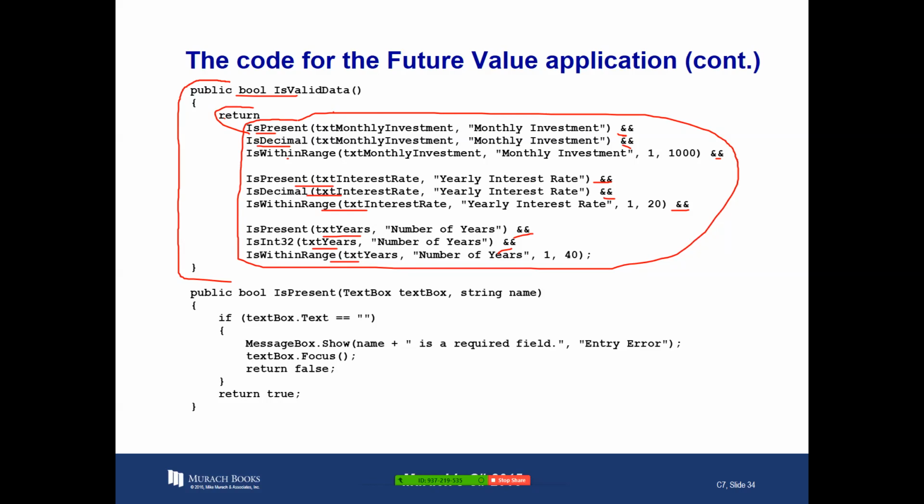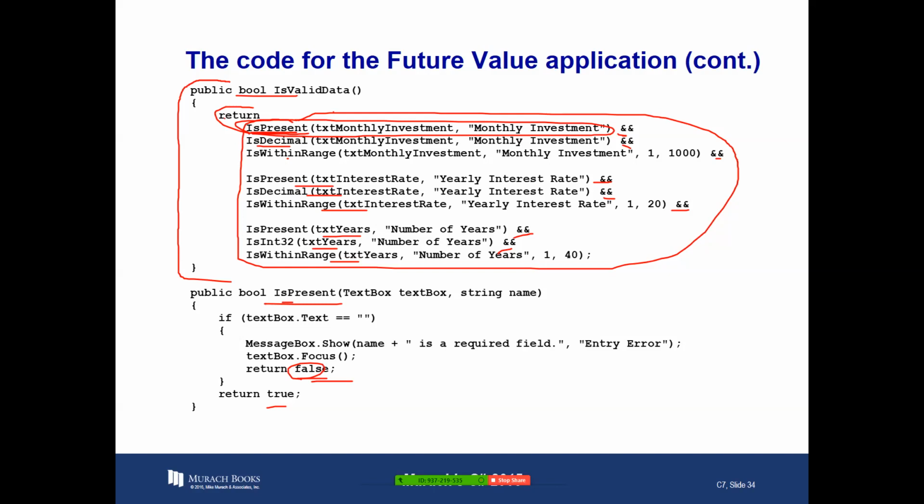And inside this, is present is going to display the error messages if it's necessary. So let's say it's not present. Well, this thing is going to execute, which executes this down here, which is going to do something. It's either going to return false or true. If it returns false, then this thing ends up being false. And if this thing is false, then the rest of the stuff doesn't even have to be executed.